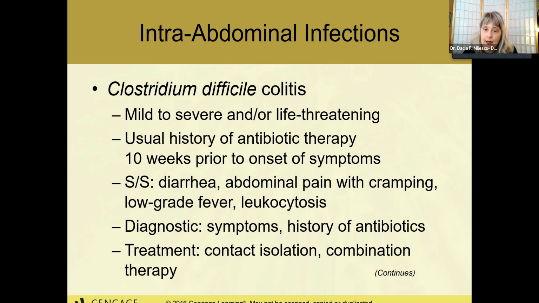All right, so diarrhea is severe, abdominal pain with cramping, low-grade fever, and elevated white count. Leukocytosis means elevated white count. Symptoms obviously are diagnostic, along with the history of what antibiotics you took. So this is why it's super important to get the live culture via the supplements that you can purchase at any health food store, or even now you can get it at any market.